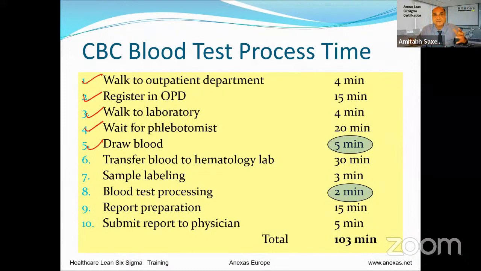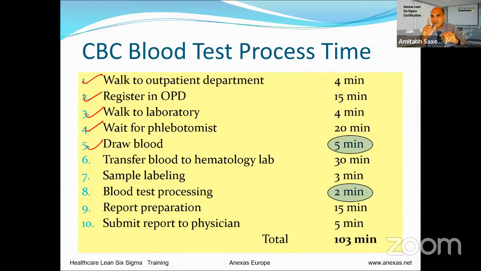But what was happening? You first go to the bank. The going to the bank was transportation waste. Then filling in a form was over-processing. Getting a token was over-processing. Waiting for your turn for the token number to be reflected on some board is waiting time. It's again waste.